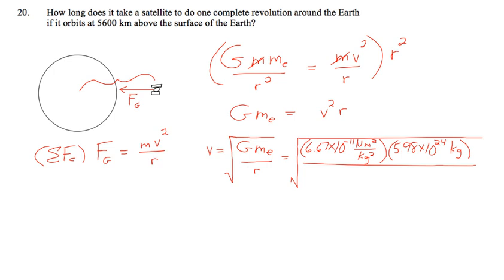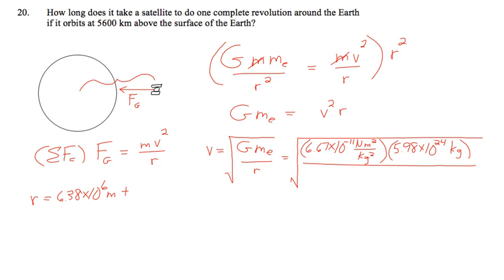So my R is going to equal 6.38 times 10 to the 6th meters, plus, if I write 5,600 kilometers in meters, how many meters would I have? How many meters are in a kilometer?